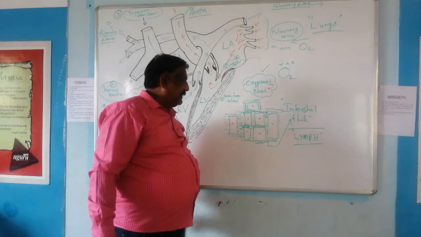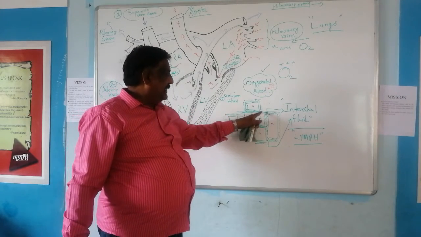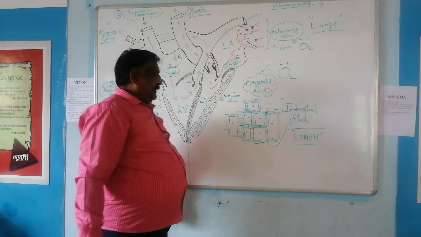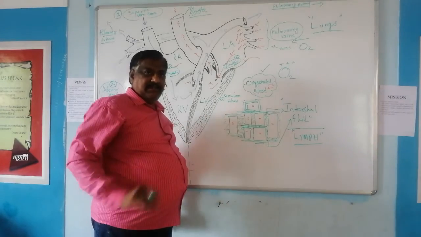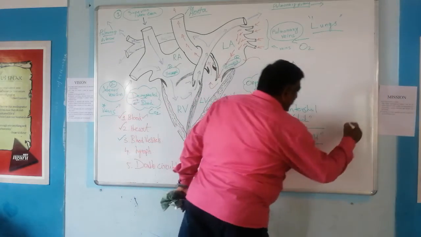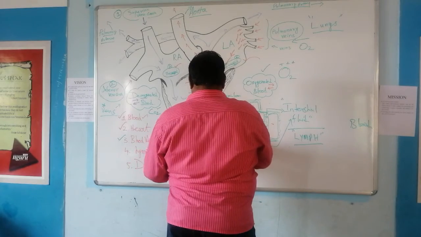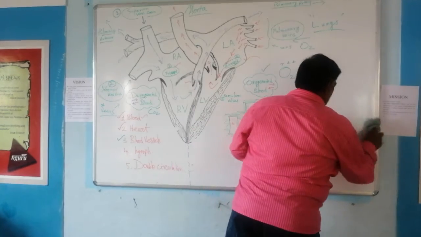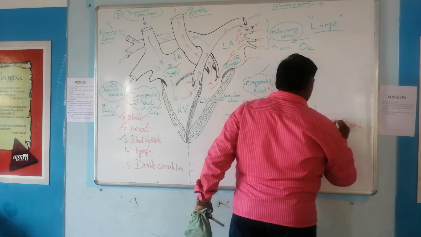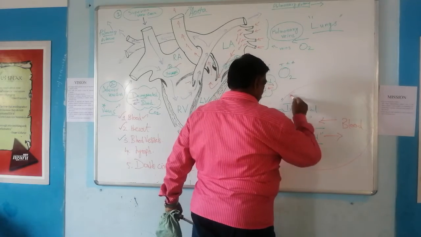So the lymph is an interstitial fluid, a thin film of liquid that exists in between the cells. That means every cell is covered by this lymph, and all the exchanges take place between the blood and the lymph. The exchange between the blood and the lymph is the major function.